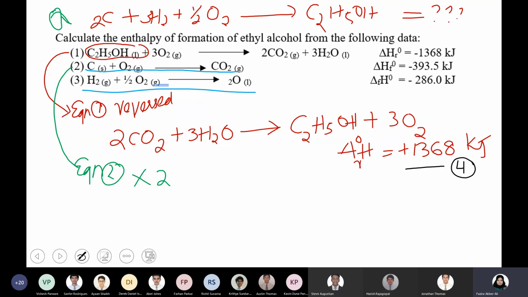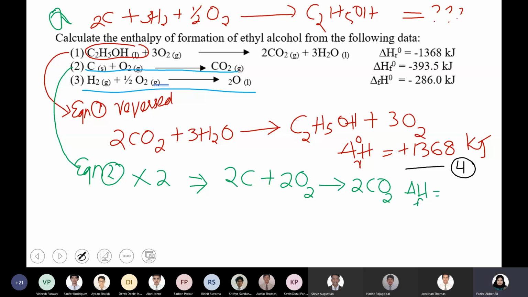But in the given equation, the carbon was only single, like 1. So you need to multiply it by 2. So the equation will change as 2 carbon plus 2O2 gives 2CO2, and delta H you have to multiply by 2.